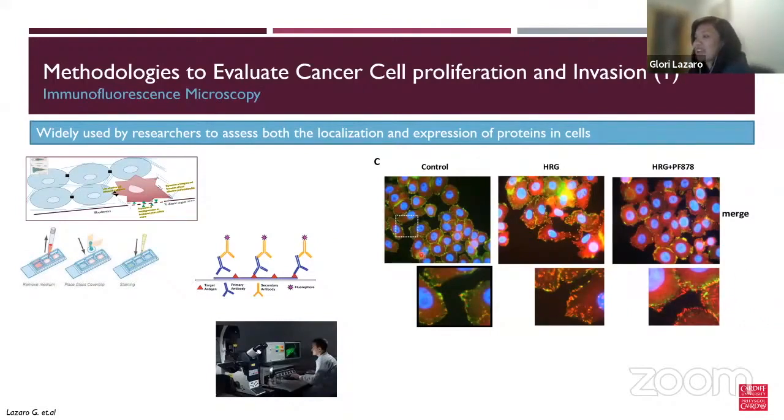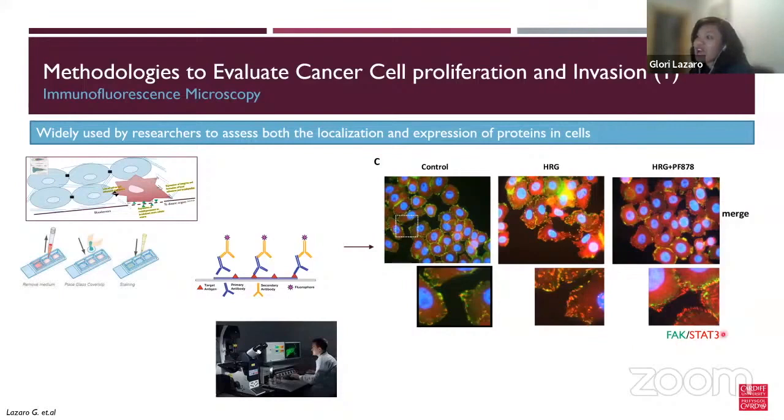I don't want to explain all the science behind it, but you can see this is the control cells, nice and separate yung two proteins na I was interested in, FAC and STAT3. And then when you add the growth factor again, heregulin, they start overlapping with each other. They become orange. So green plus red, they become orange.